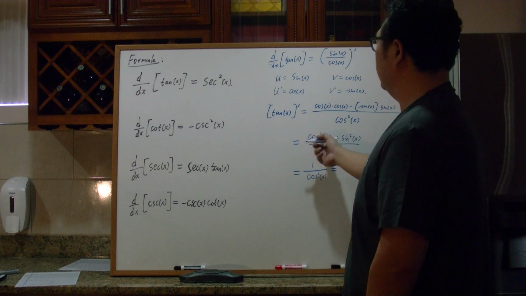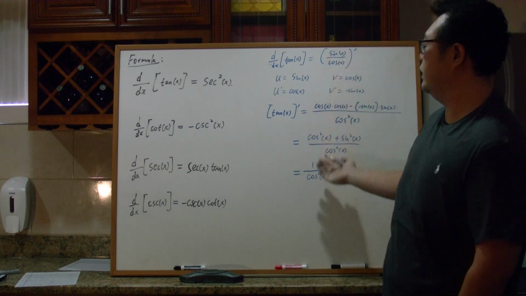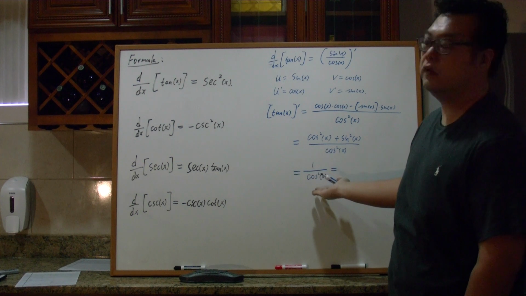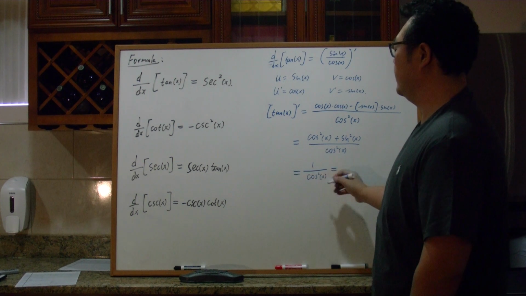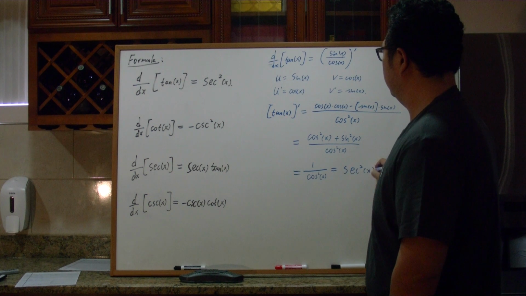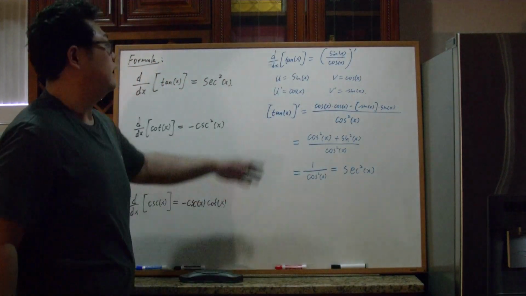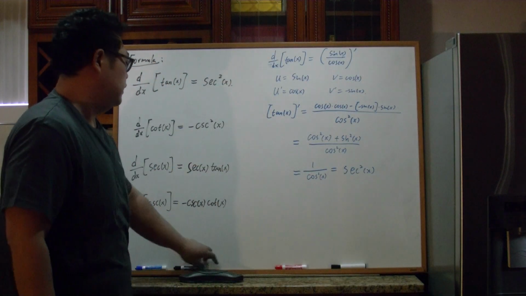Here we have the Pythagorean relationship. Originally we used the quotient rule, and here is the reciprocal relationship, that 1 over cosine is secant. So that is how we get the formula of tangent, using the quotient rule.